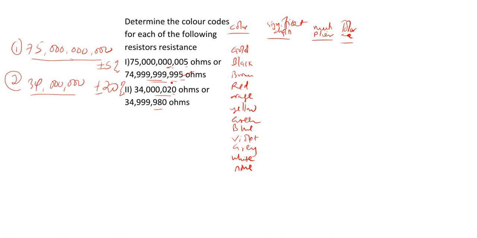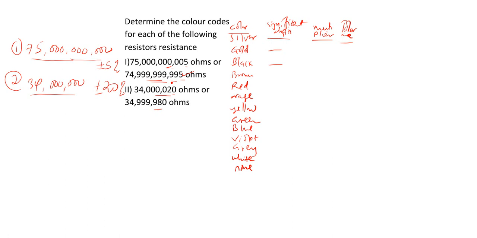For the silver and gold, we don't have significant figures. The first one is silver, then we go to gold, black, brown, red, orange, like that. So for the silver and gold, we don't have any digits.